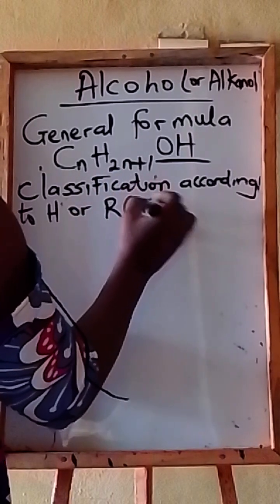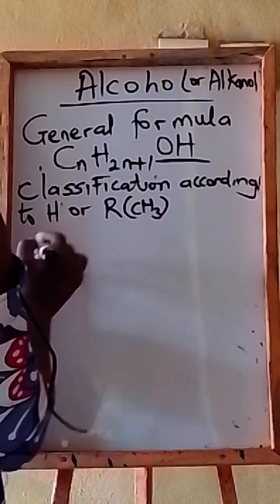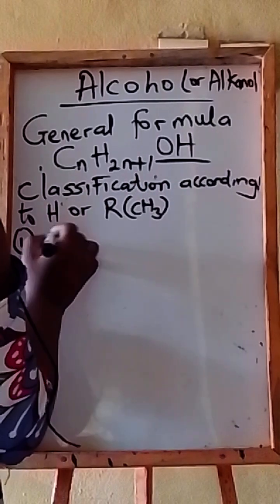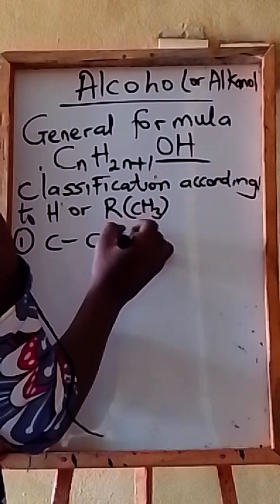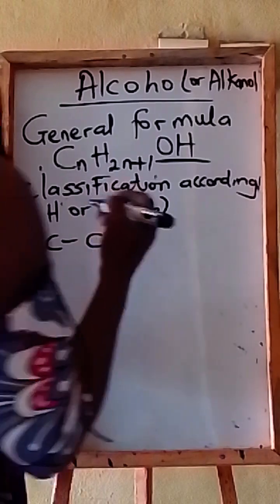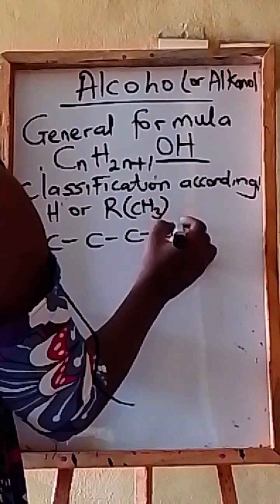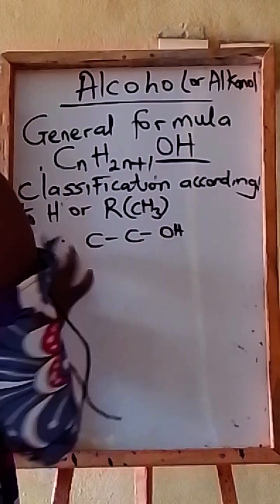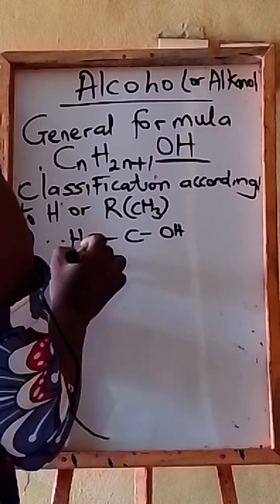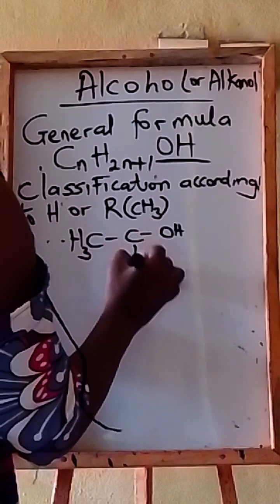R can be CH3 and an alkyl group. So we have something like this. We have OH. So when we have CH3, we have H.